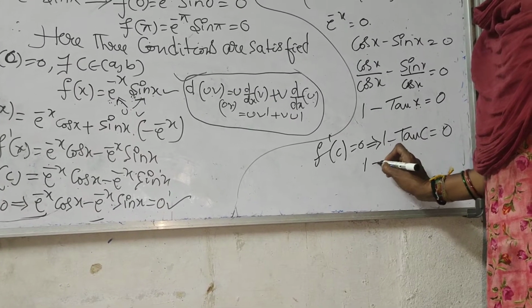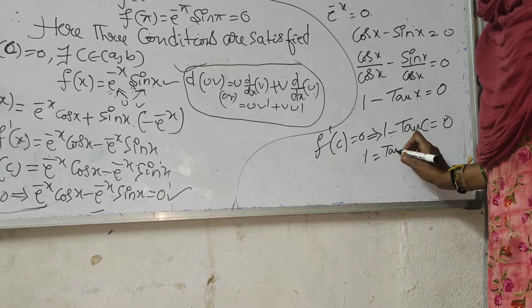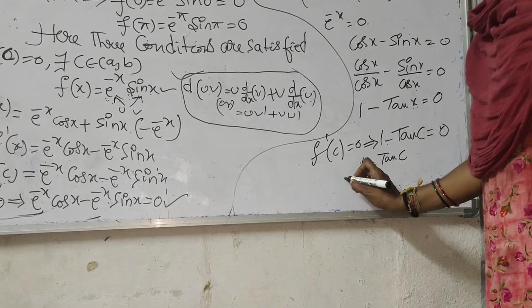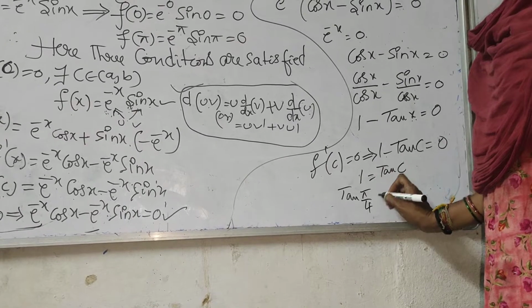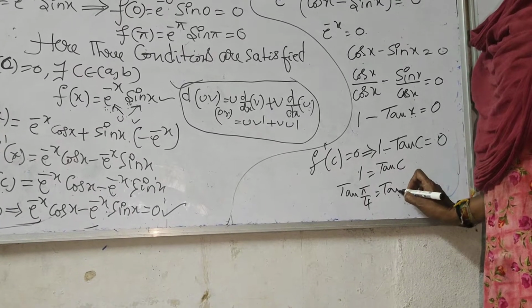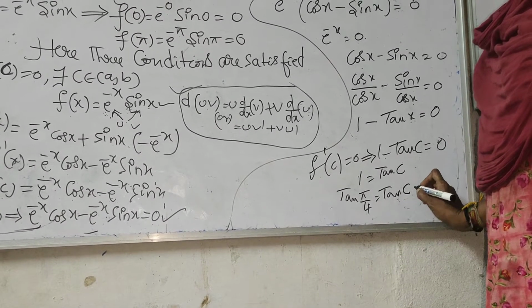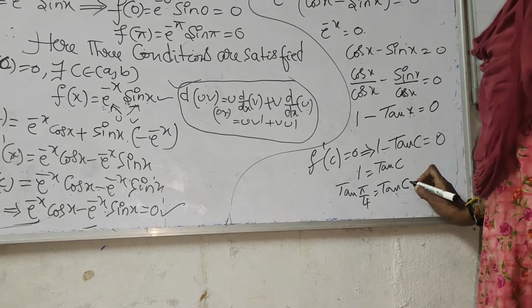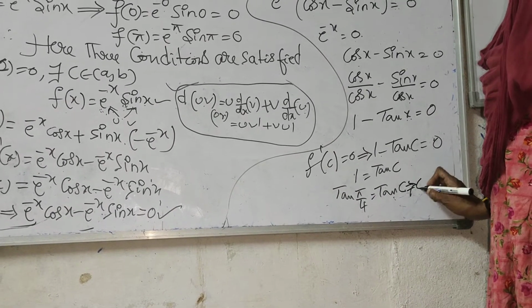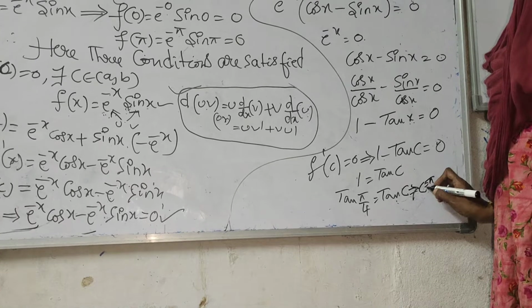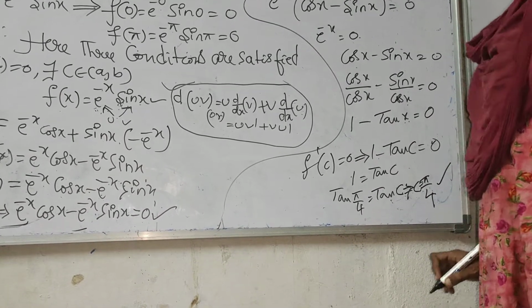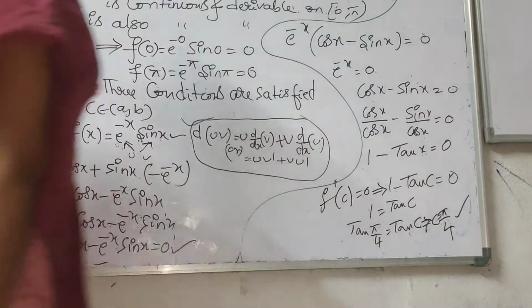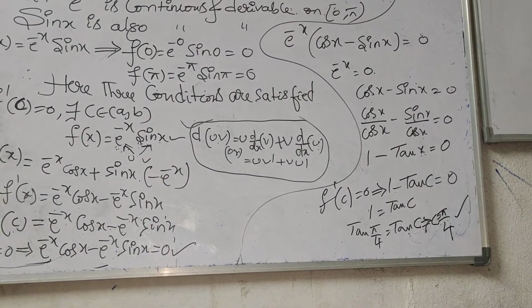Next, 1 equals tan c. In place of 1 write tan pi by 4. Tan pi by 4 equals tan c. Therefore c equals pi by 4.